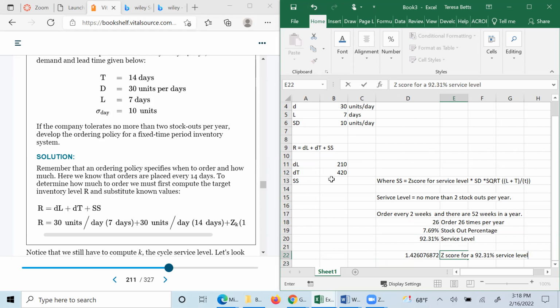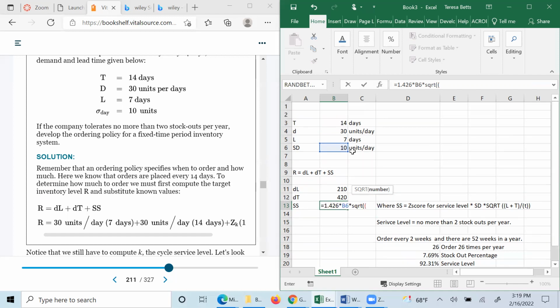All right, so my safety stock is going to be equal to the z-score, which we're going to go ahead and round off, 1.426, times the standard deviation, times the square root, open parenthesis, open parenthesis.